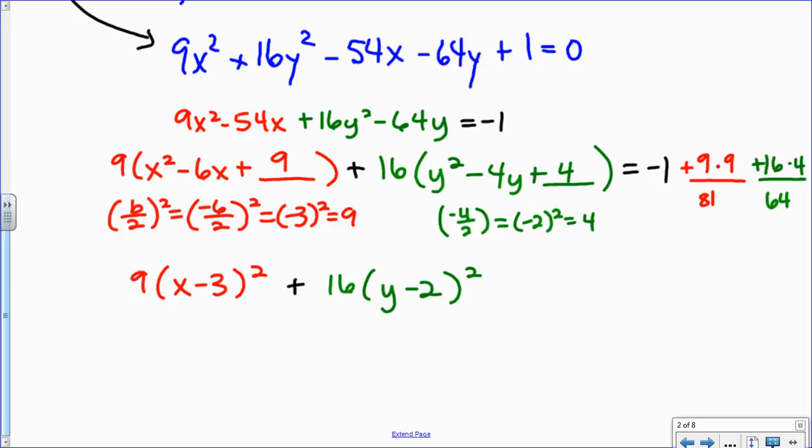Thank you. So you factor out the 9 here on the x and the 16 on the y. Those just have to stay out front. Equals, then over here we have 144.